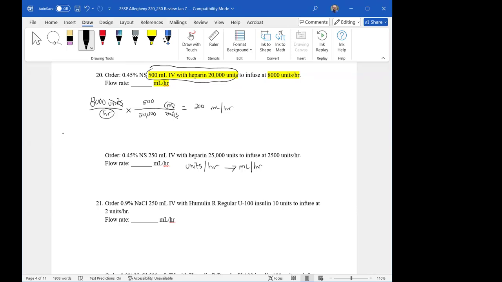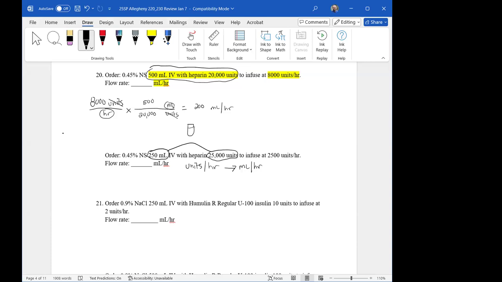So if I'm solving this question, I want to first pay attention to what I have here. So I have 250 ml in 25,000 units. These two are connected. They're in the same IV bag. So you've got this bag of IV, and both things are in there, right?